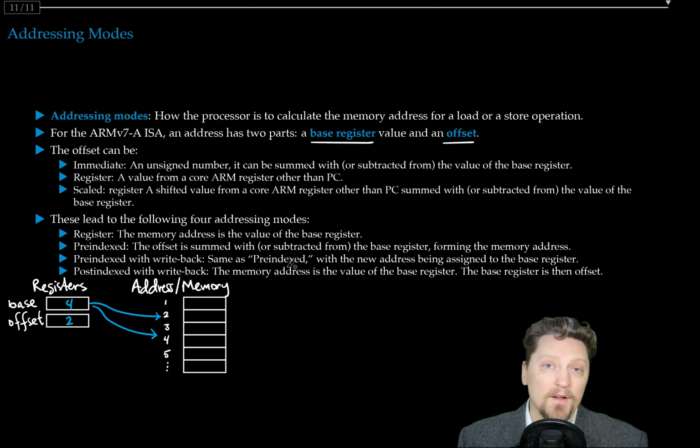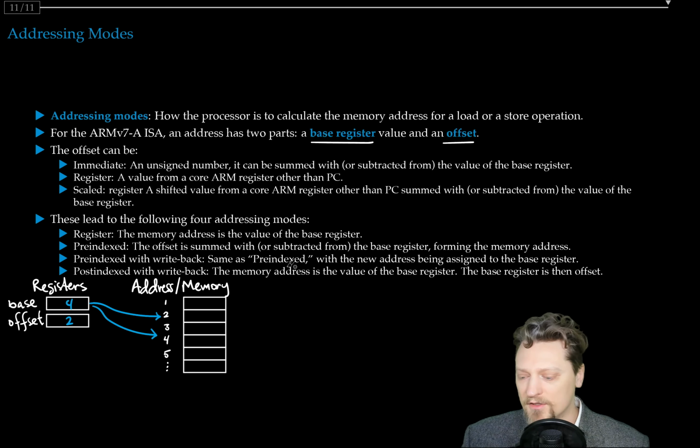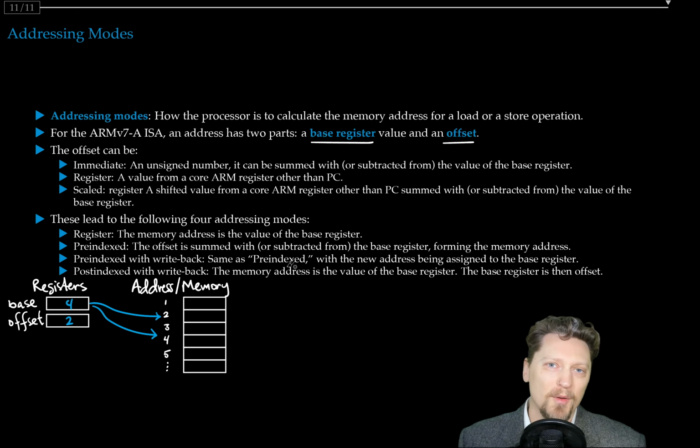So those are the different addressing modes, and they can be activated by using different instructions. So the form of the instruction that is given to the processor in our program determines which addressing mode is used. So that covers our basic programming model for the ARMv7-A.